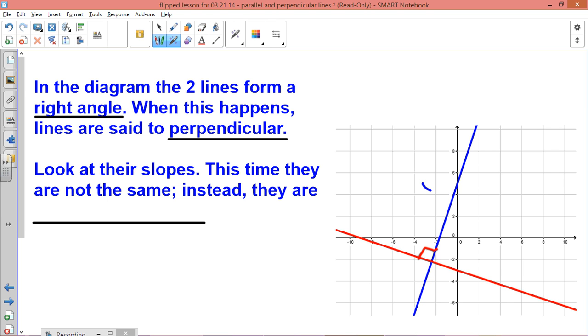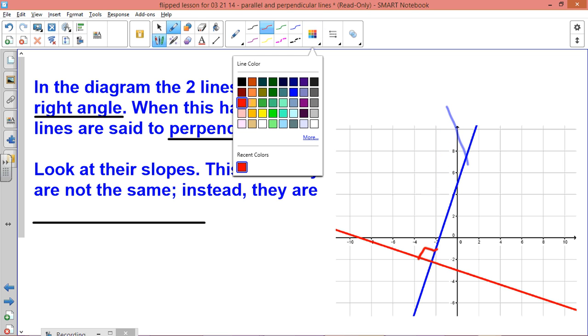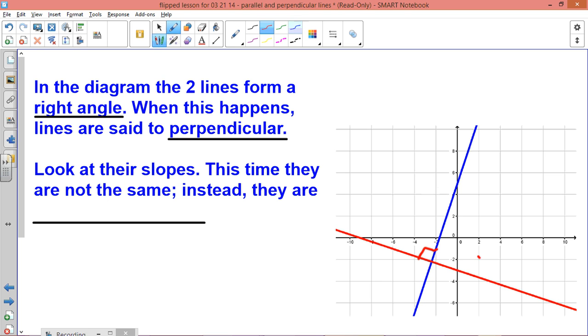Let's say that this slope equals 4. I did not pick the best diagram for this, but let's say the slope here equals 4. Well, then I know that if I were to find the slope of the other one, I would find that the slope equals negative 1/4.